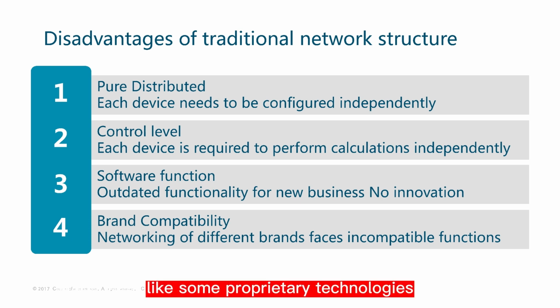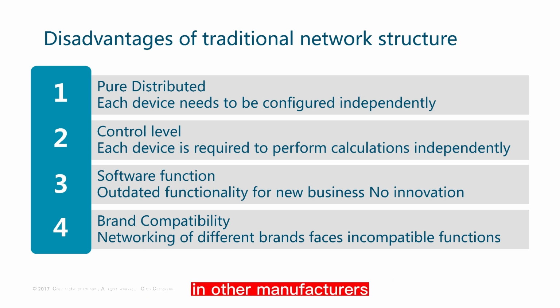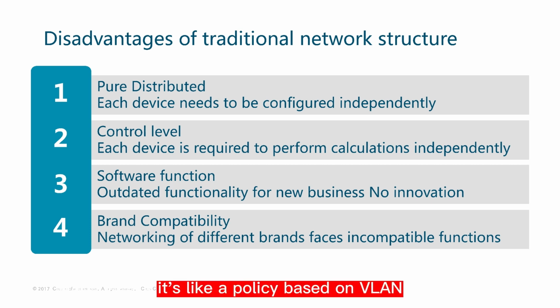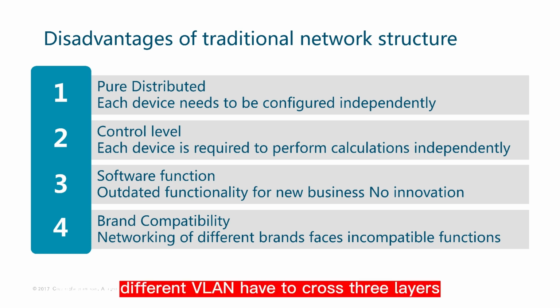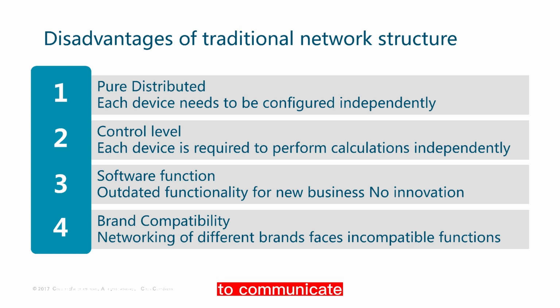Like some proprietary technologies in other manufacturers, such as hybrid. It's like a policy based on VLAN. The traditional VLAN is that the same VLAN can communicate. Different VLANs cannot communicate. Different VLANs have to cross 3 layers to communicate, not on the second layer.